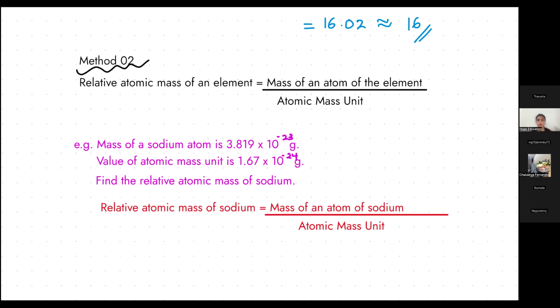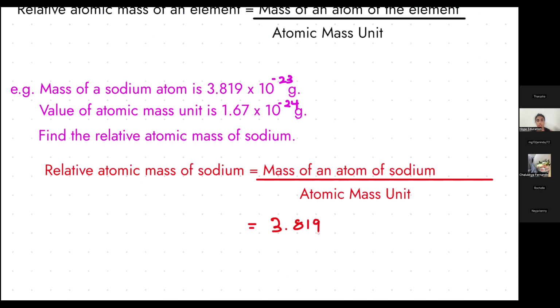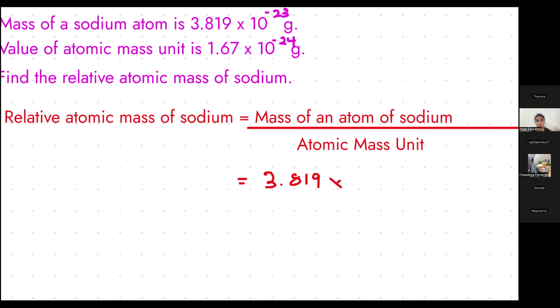Now we just have to substitute the values we are given. Mass of an atom of sodium is 3.819 into 10 to the power minus 23 grams.